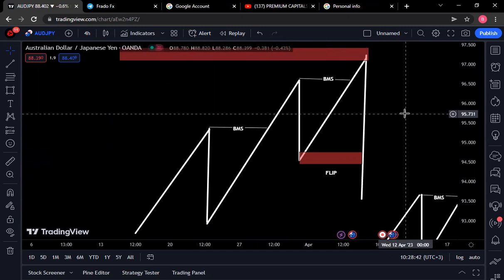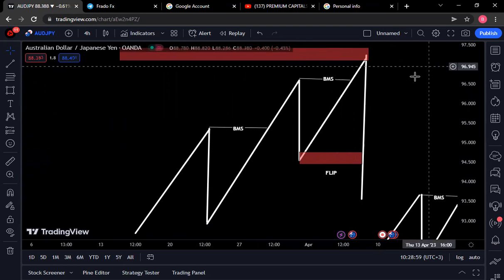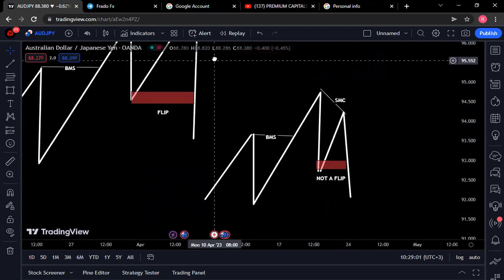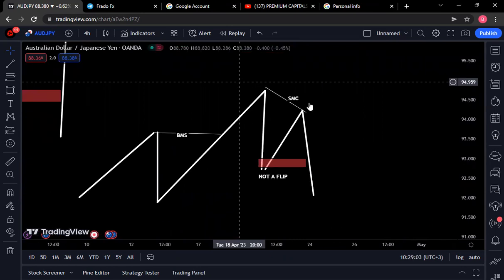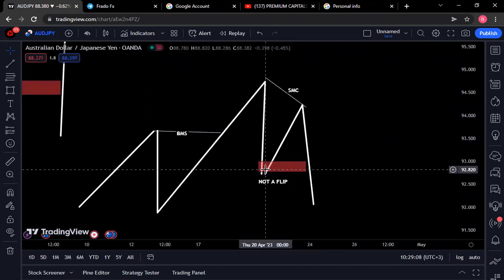Most people confuse a FLIP and CHOCH. In the next video I'm going to explain, but let me just show you that not every time you see this kind of pattern you have to say this is a FLIP. For example, when you have a pattern like this one here, we don't have a FLIP.